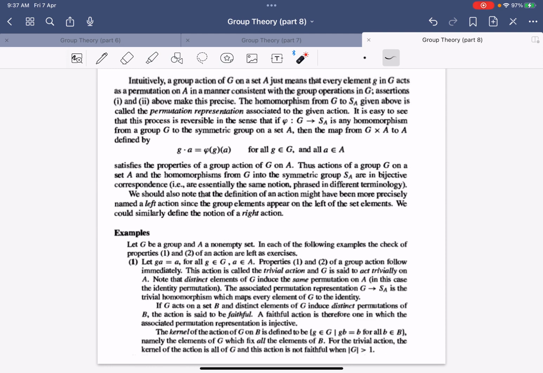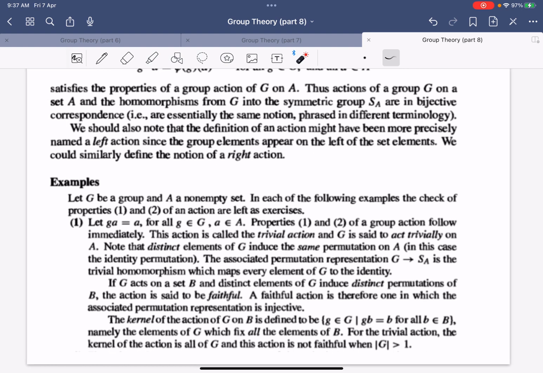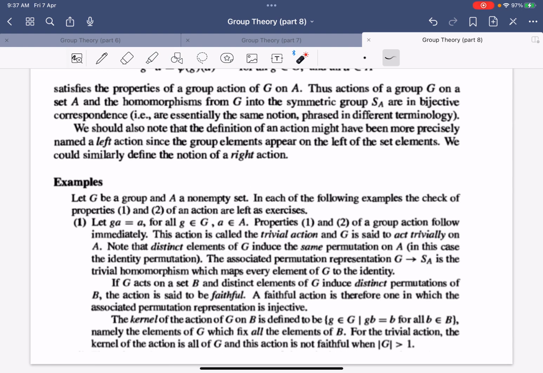So some examples of group actions will be the trivial action, where every element is just sent to itself for every G. And this is really saying that the permutation is the identity map.